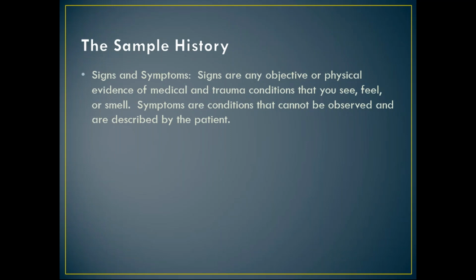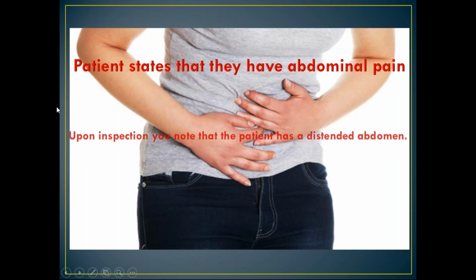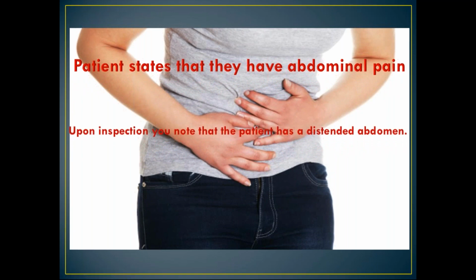Now, if you palpate their abdomen and you see distension in the lower right quadrant, that would be a sign from that. So again, S is going to stand for signs and symptoms.